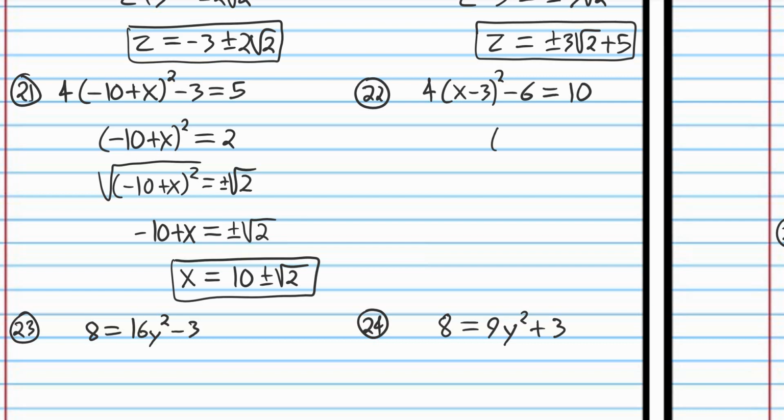All right, we're back. So the first step, obviously, is to isolate the square. And we get x minus 3 squared is 4. We added 6 to both sides to get 16 and divided by 4, and 16 divided by 4 is 4. So now we square root both sides of the equation.